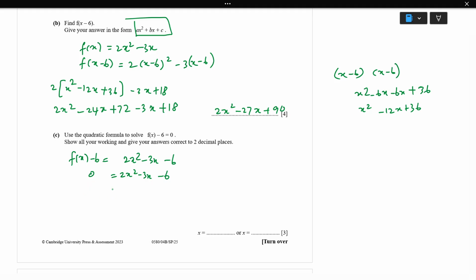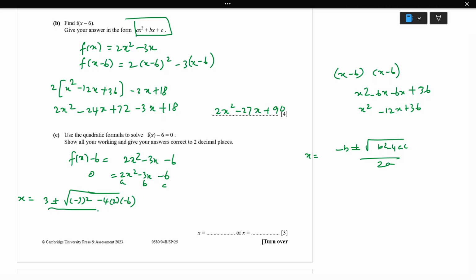Now we need to use the quadratic formula, which is x equals minus b plus or minus the square root of b squared minus 4ac, over 2a. Here a, b, c: minus of minus 3 is positive 3, plus or minus the square root of (minus 3) squared minus 4 times a, which is 2, times c, which is minus 6, over 2 times 2.